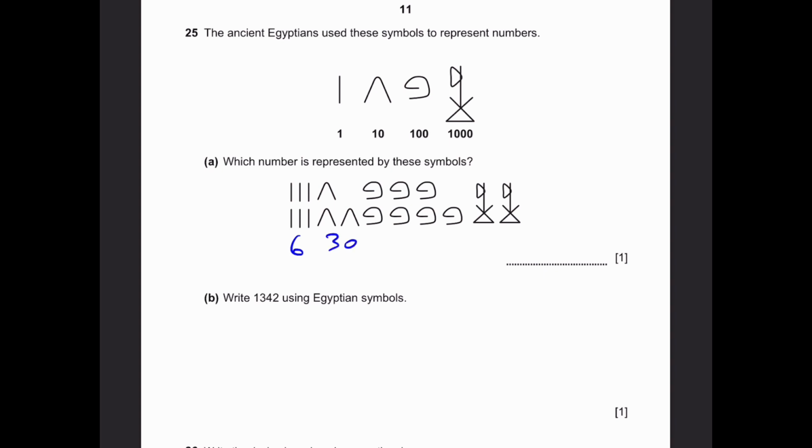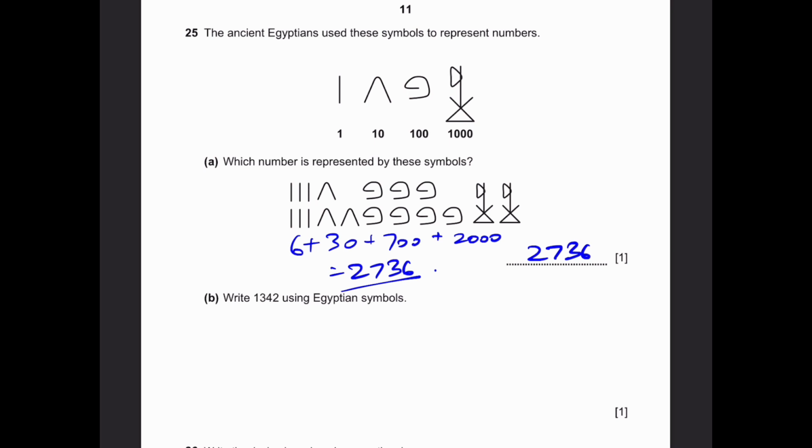And then we have 1, 2, 3, 4, 5, 6, 7 hundreds. So that's 700 here. And we have 2 thousands. So 2,000. Now we just add up all of this. We get 2,736. That's the answer.